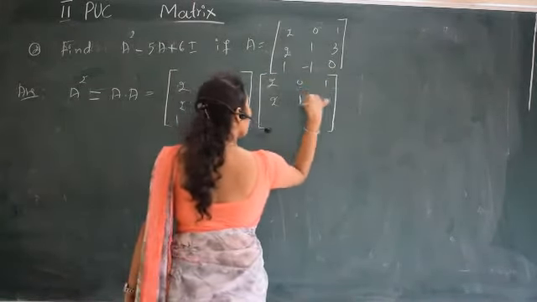Next, first row and second column: 2 into 0 is 0, 0 into 0 is 0, plus 1 into minus 1 is minus 1. Next, first row and third column: 2 into 1 is 2, then 0 into 3 is 0, next 1 into 0 is 0.